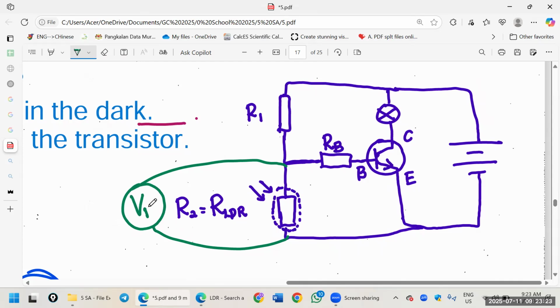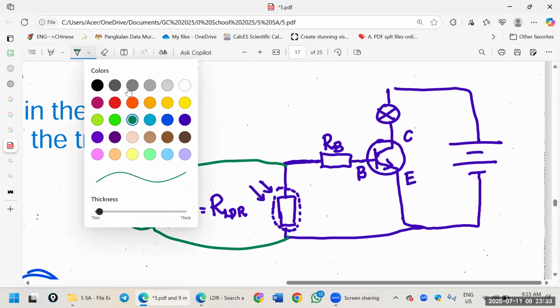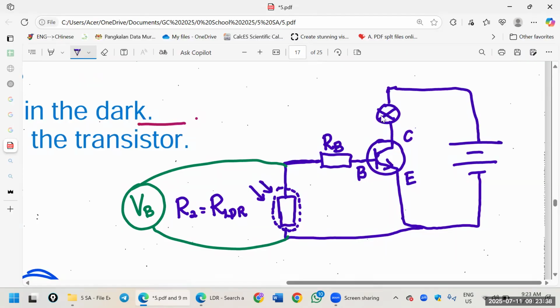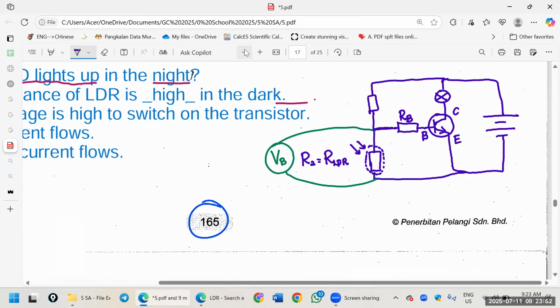Yes, VB, because base voltage is always at the bottom. Actually we are just adding some part on top. We are just adding one or two more wires. So we save one battery.